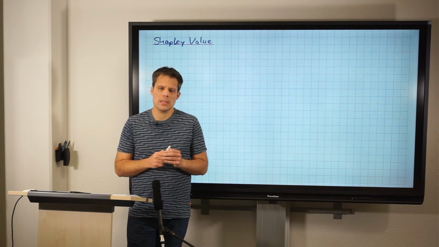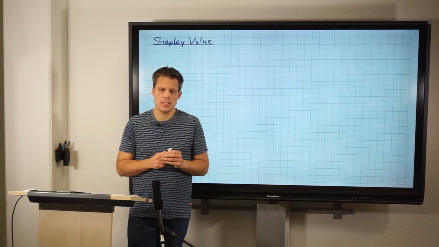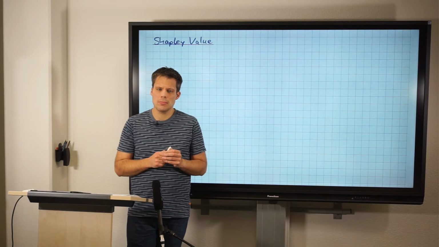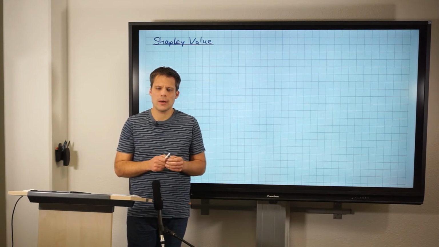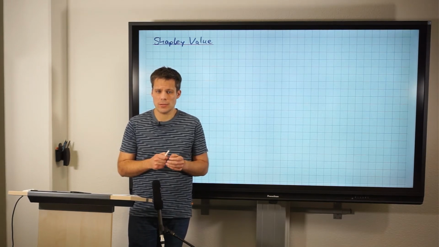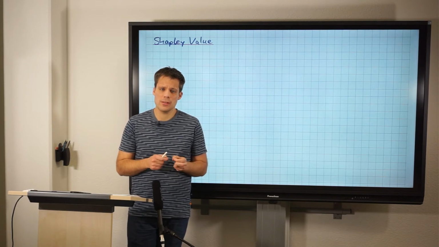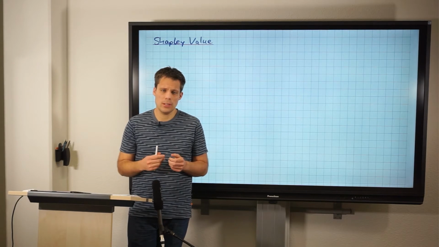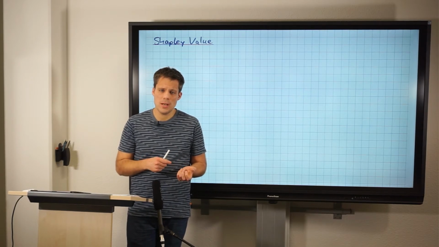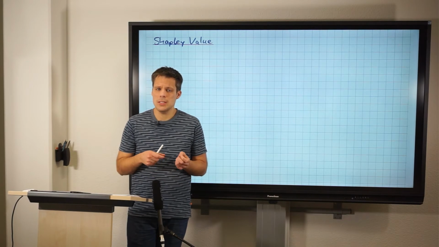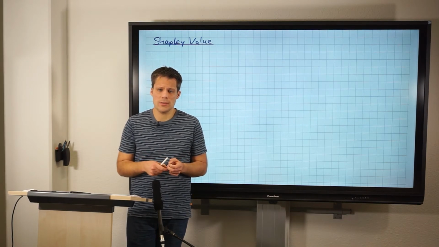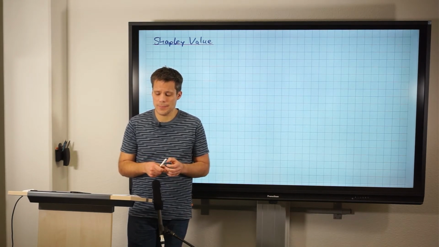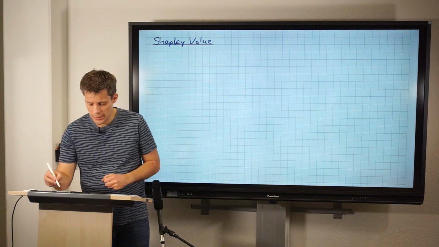Now we'll talk about the Shapley value, which is a different way of finding a cost-sharing vector, which fulfills a set of properties. And indeed, as we will show, not only does it fulfill the properties, but it is also the unique choice of a cost-sharing vector that fulfills these properties. So what are these?